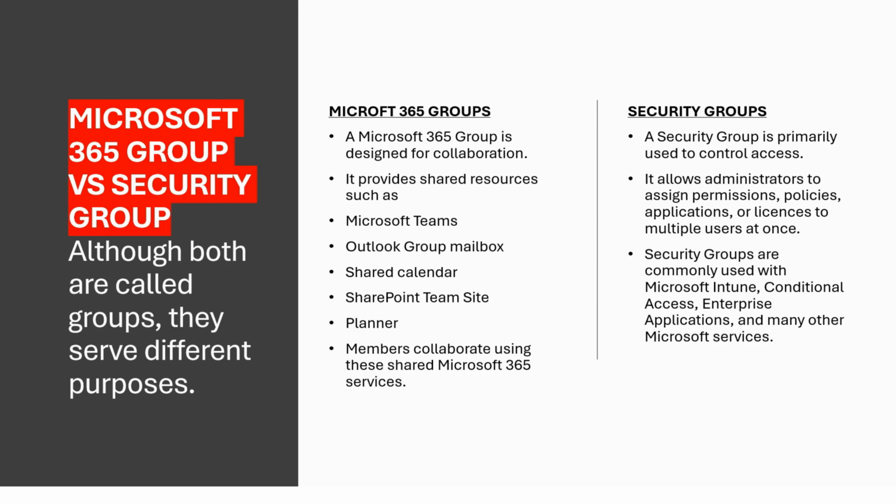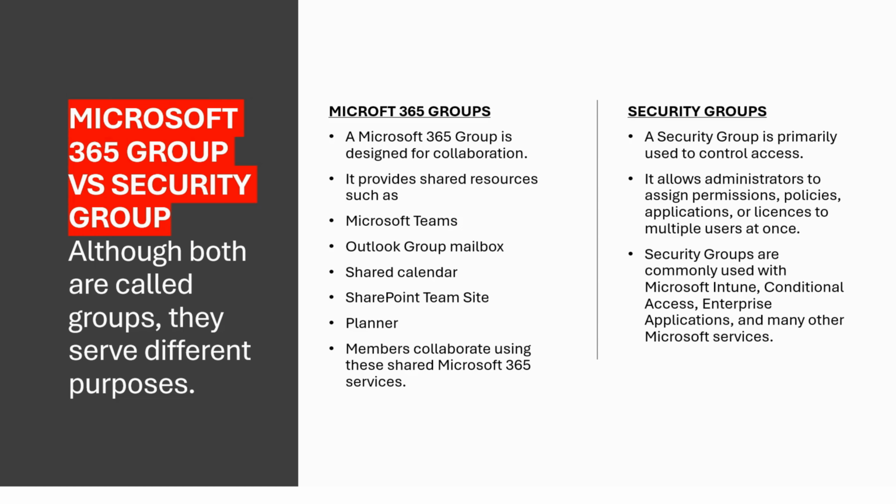Members collaborate using shared Microsoft 365 services. Whereas the security group is primarily used for controlling access. It helps with administration to assign permissions, policies, applications, and also giving licenses to multiple users at once.